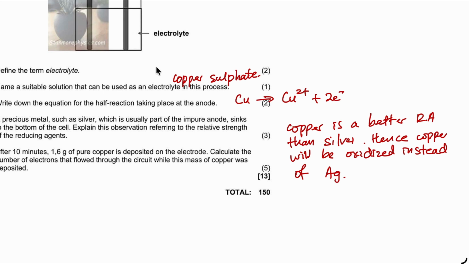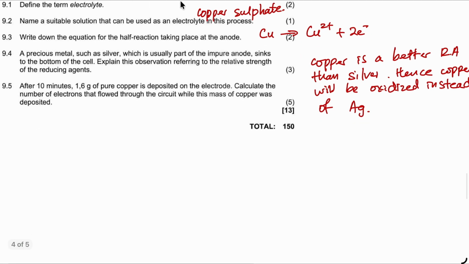And the last question, question 9.5, after 10 minutes, 1.6 grams of pure copper is deposited on the electrode. Calculate the number of electrons that flowed through the circuit while this mass of copper was deposited. Now I'm going to use the formula m = QM divided by zF. Now, this is a shortcut.